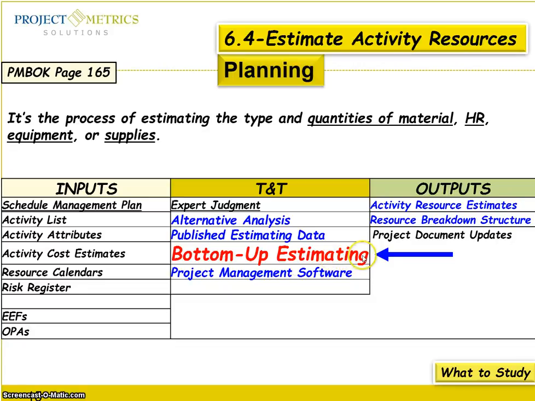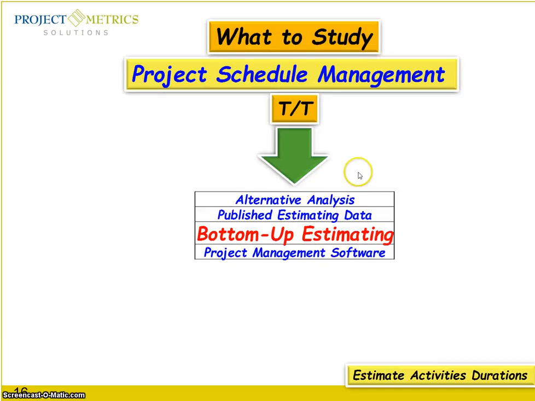Please look at the expression in the dictionary or in the index of the PMP guide, and the output here, activity resource estimates, resource breakdown structure. What to study in the tool and technique, this is the new expression. I'd like you to pay attention to it, bottom-up estimating.